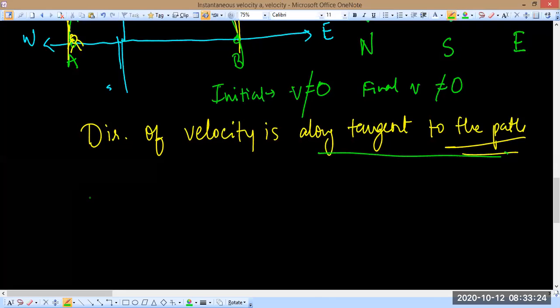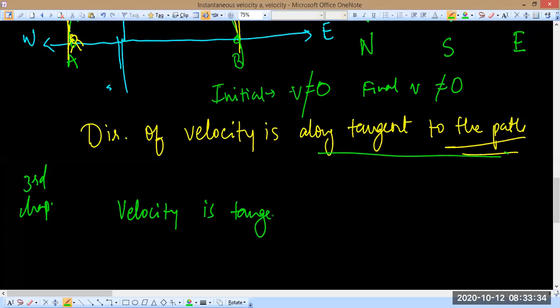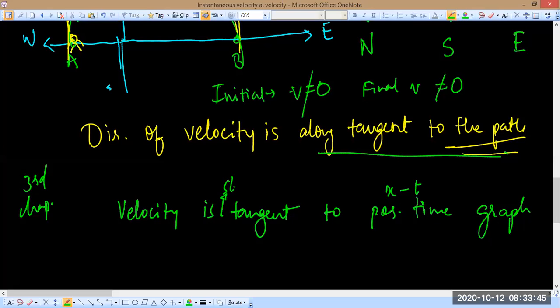The other point that we have been talking about in the third chapter was that velocity is tangent to position time graph. Do you all remember this xt graph? Velocity is the slope of tangent to xt graph. These two are totally different worlds. Let me tell you that, right?